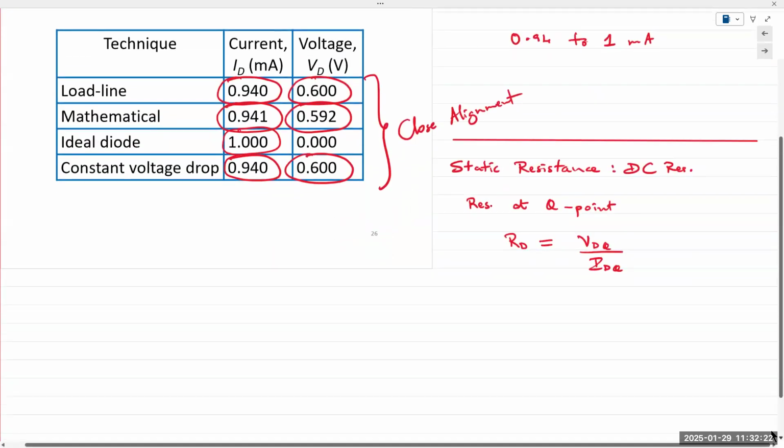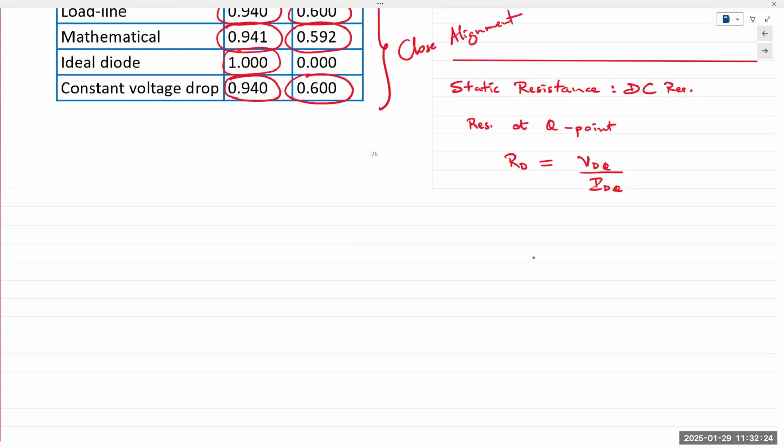Okay. So if you have a diode characteristic, it goes like this. And this is the Q point. This is VDQ. And this is IDQ.